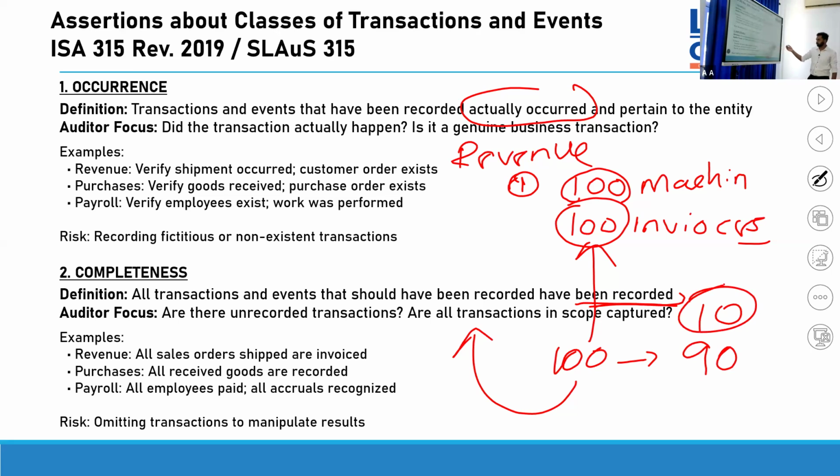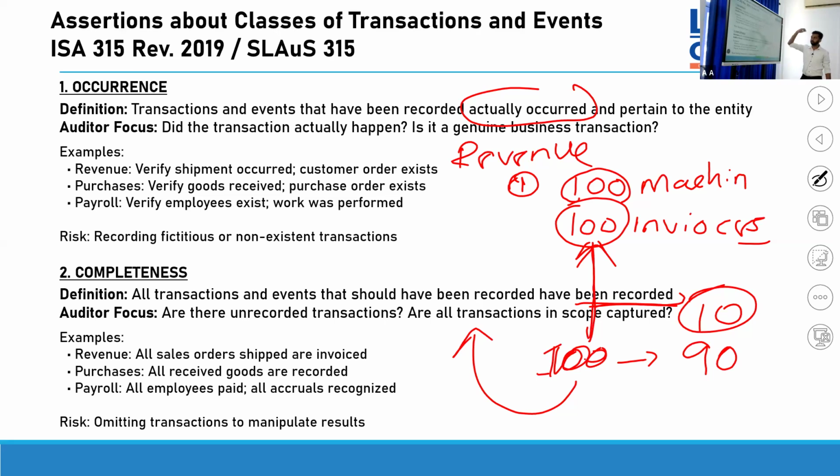No, right? Completeness in the sense if 100 transactions take place, then you must record all the 100 transactions in your financial statement. That is completeness. So occurrence is here.